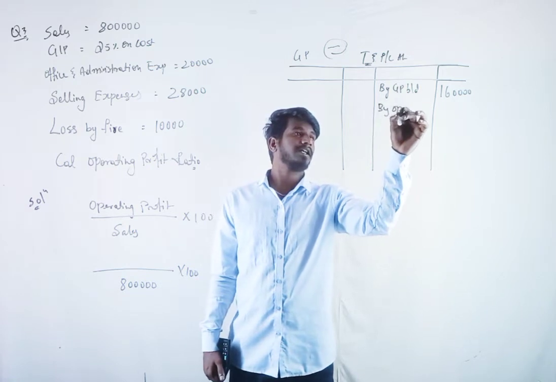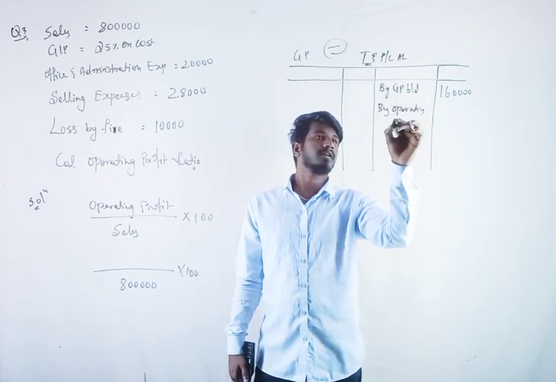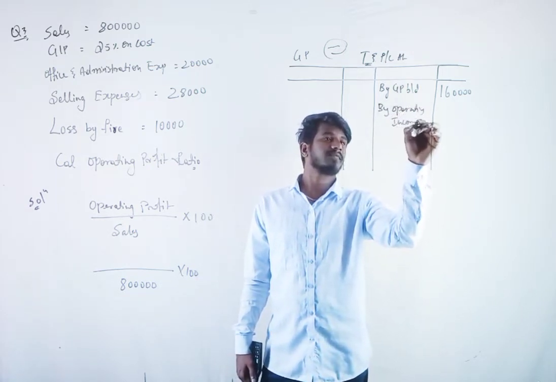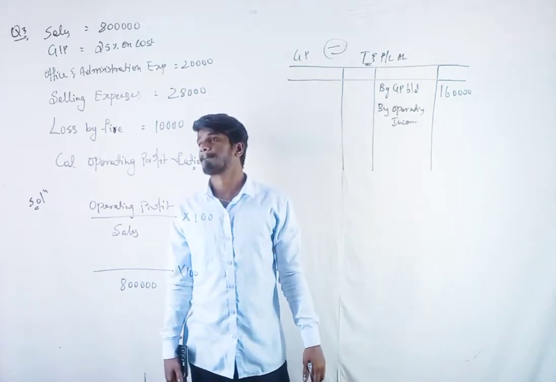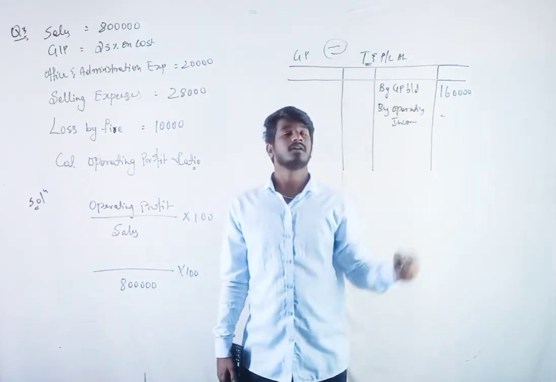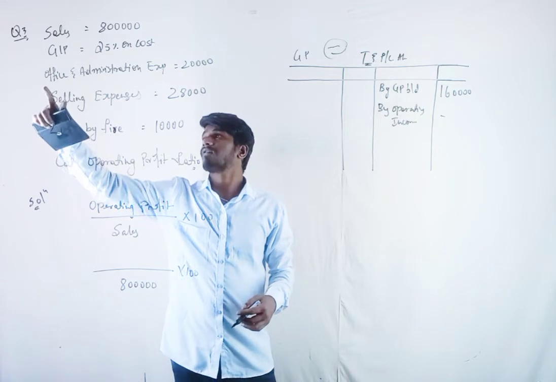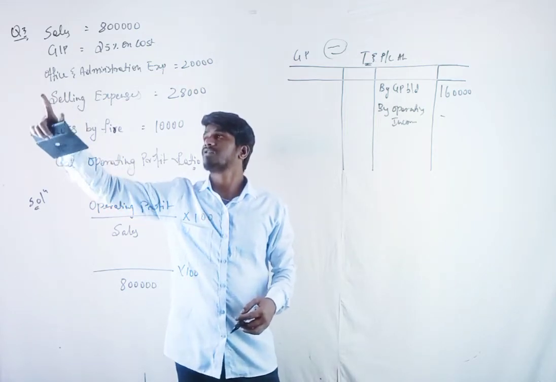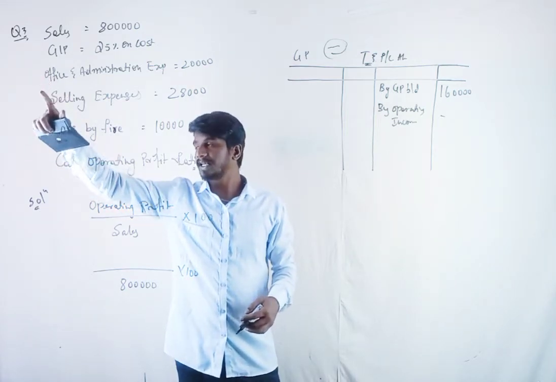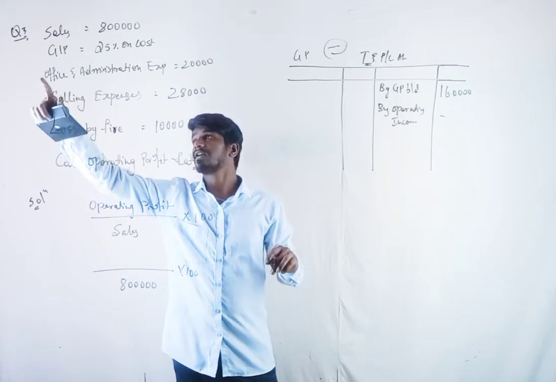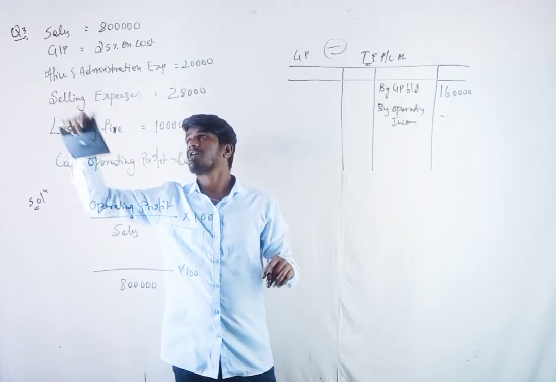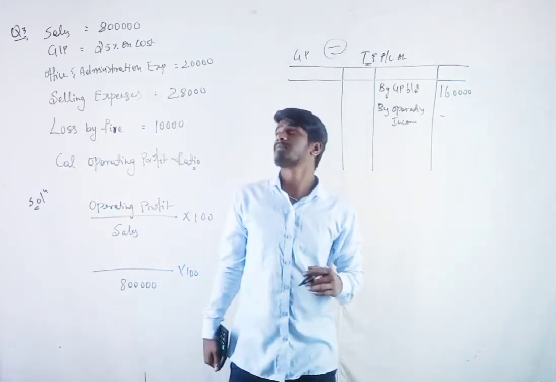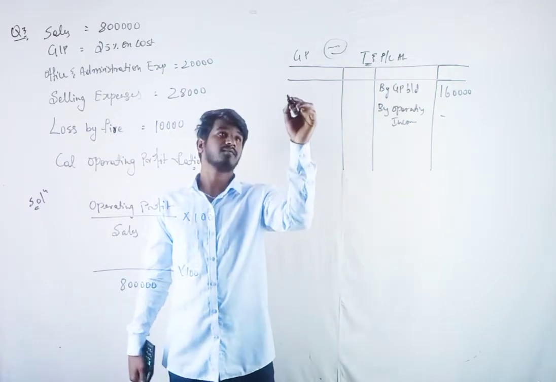Then operating income. Is there any income? No. Then we have operating expenses, not non-operating: office and administration expenses, and selling and distribution.